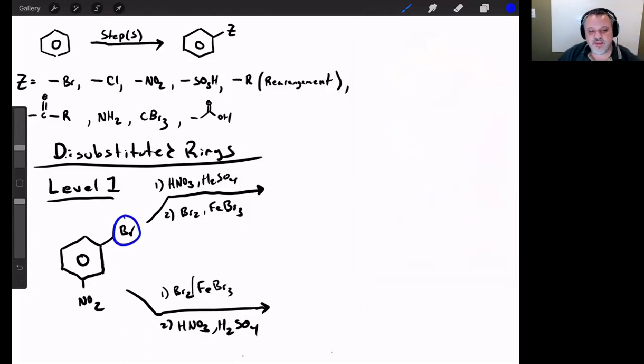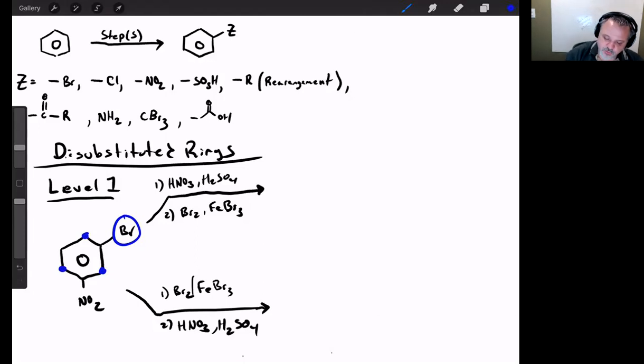We know that bromine is a weak deactivator. It's the exception. It is a weak deactivator, yet it directs to the ortho and para position. So if bromine is on the ring first, then it's going to direct the nitro group to a location where I don't want it.